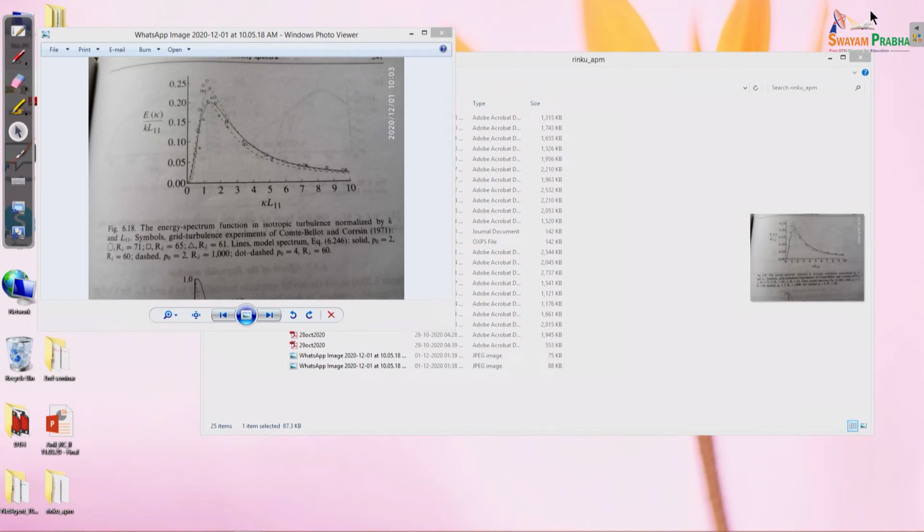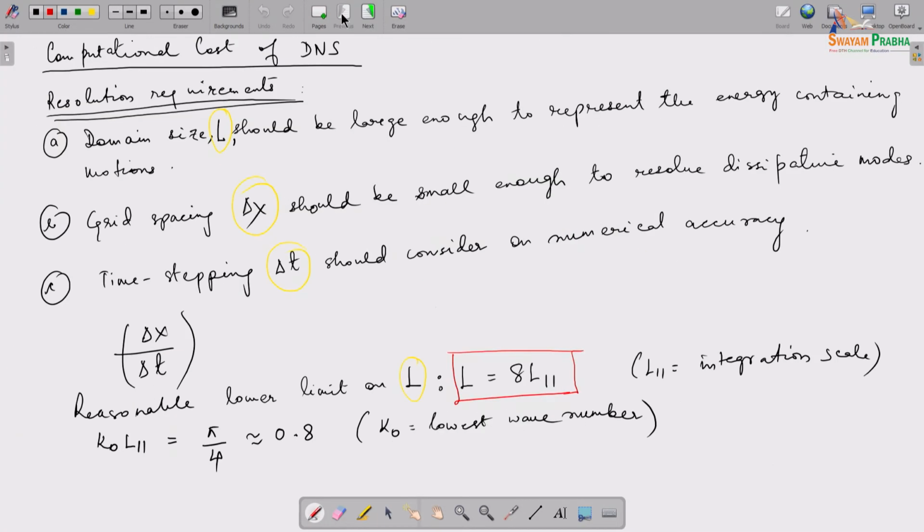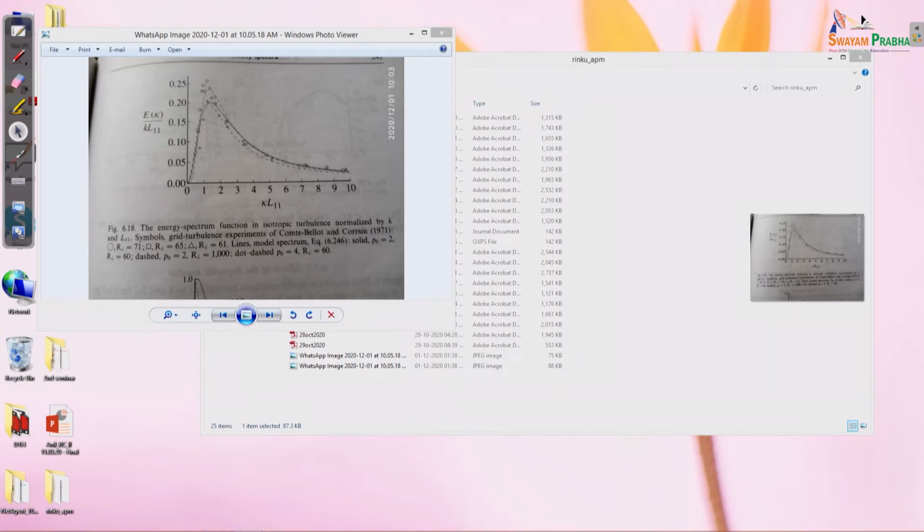Let me go back a little bit. I think I wrote that here. The lower limit on the domain size boils down to k naught, the minimum wave number, which comes to about 0.8. Now, how reasonable is this and how did I get this? That is why we are going to look at some of these plots.